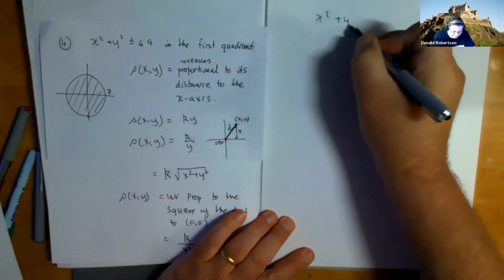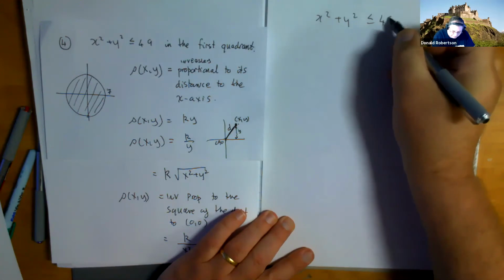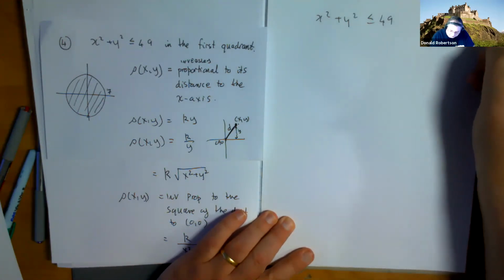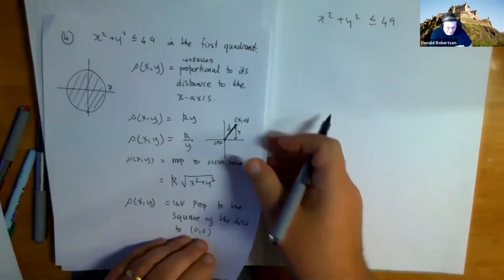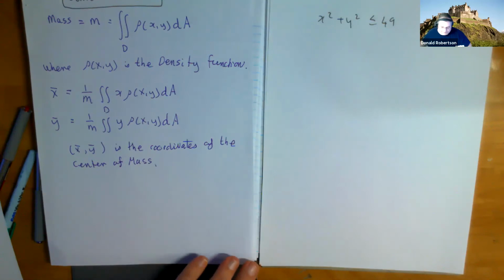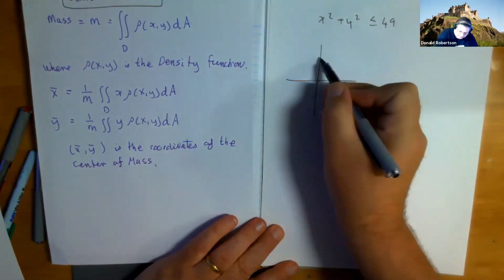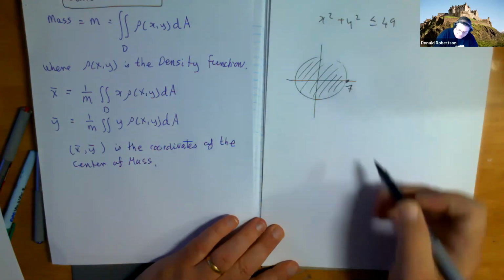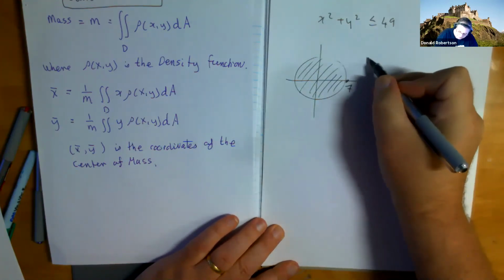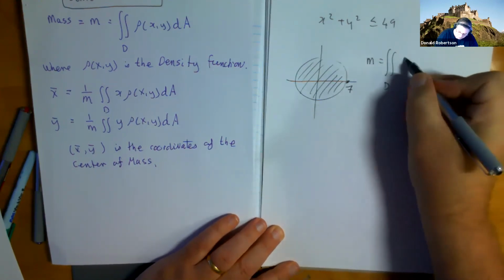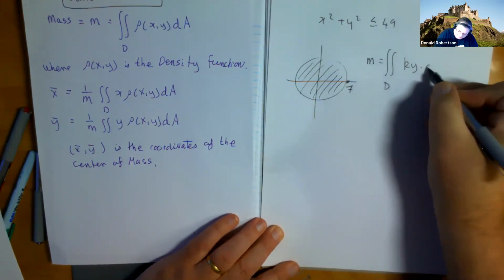Now, back to question 4. It's x squared plus y squared less than or equal to 49, and the density function that we're going to use is ky. So the rest don't matter. This is the region they're talking about, right? The mass is the double integral over the region D of the density function.